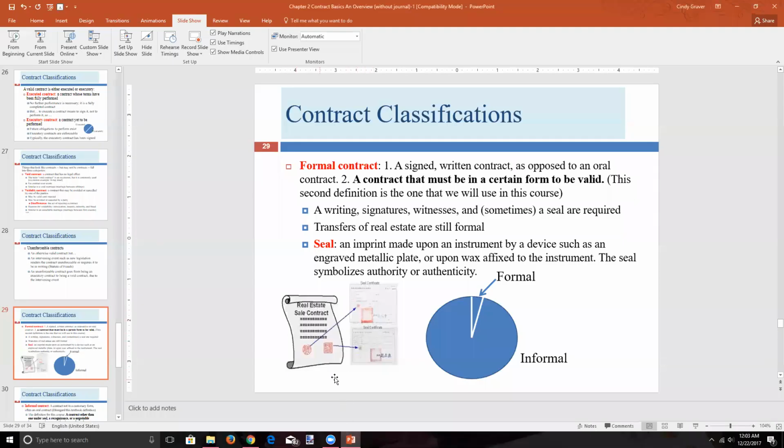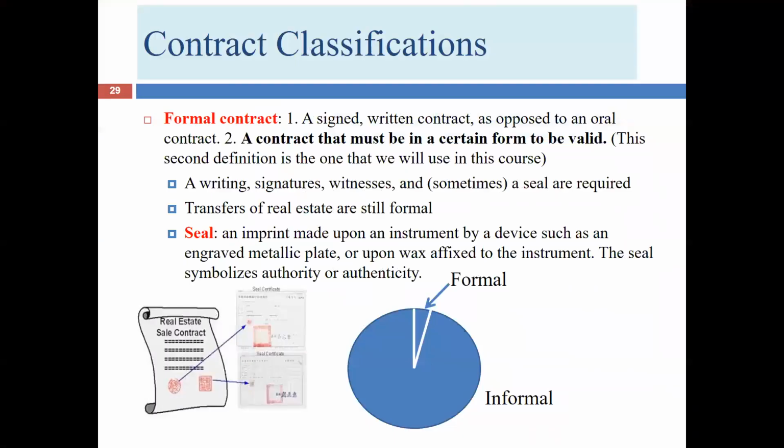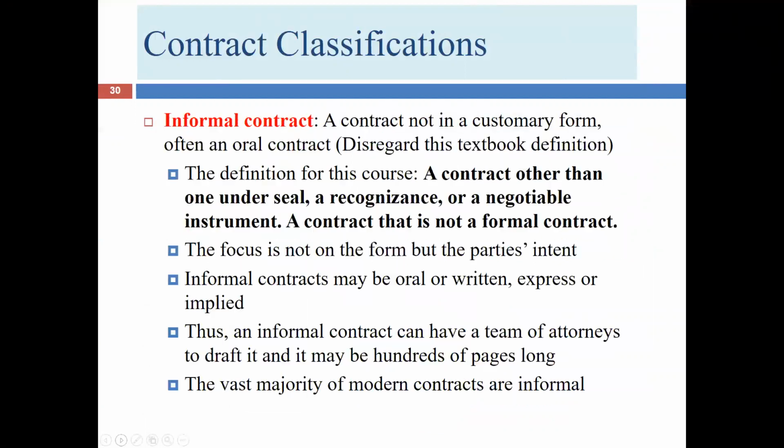We're talking about these seals. You may have seen movies, in the old-timey movies, where the king has a signet ring and there's wax dripped on a document and he presses a signet ring in it. That's a seal. And those are very rarely used. Again, unless you have a real estate practice, you're probably never going to have any involvement with that.